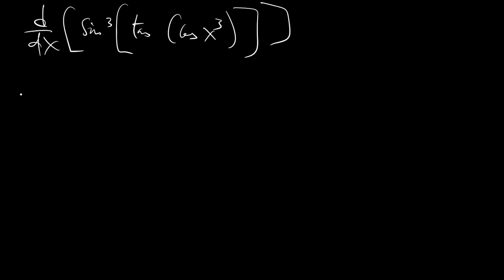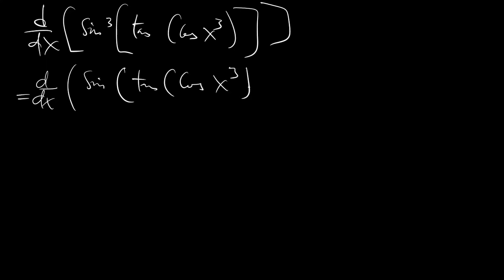This can be written as the derivative of sine tan cos x cubed, all raised to power 3. This 3 is the same thing as the power rule. You just say 3 sine.